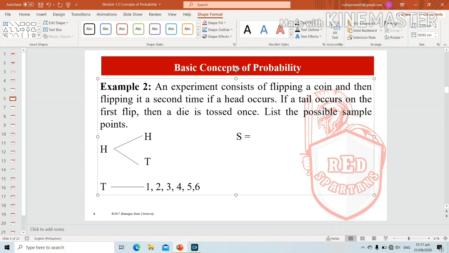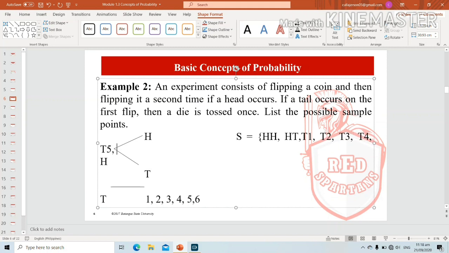S is equal to open brace. Then, ito. HH, yun ang ating unang outcome, then HT, then T1, T2, T3, T4, T5, and T6.